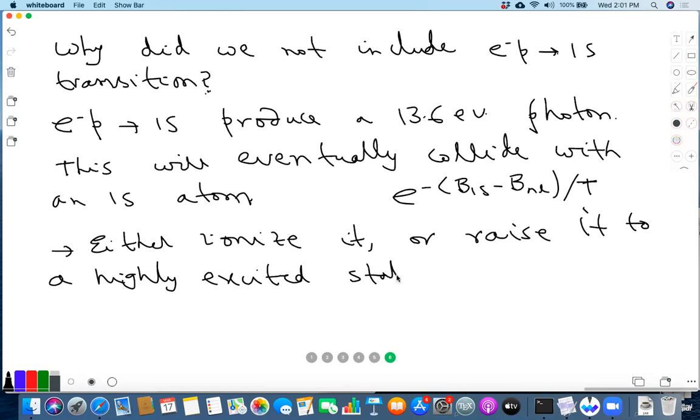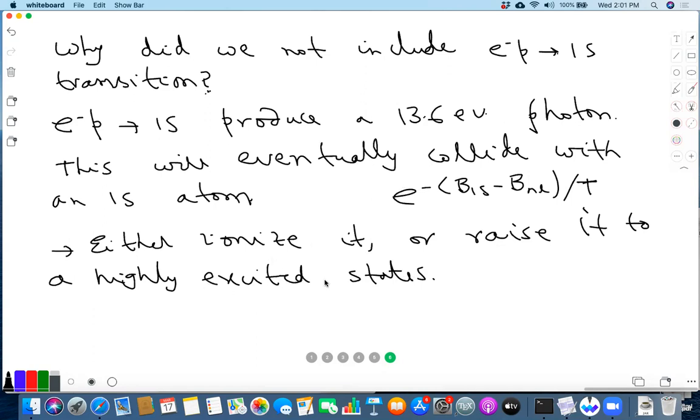Why a highly excited state? Because it may lose a little energy, either because of the collision with electrons or because of the expansion redshift, right? But the amount of energy that it loses is small compared to 13.6 electron volt, because it's a huge amount of energy. And so if it excites the ground state, it will excite it to a highly excited state.